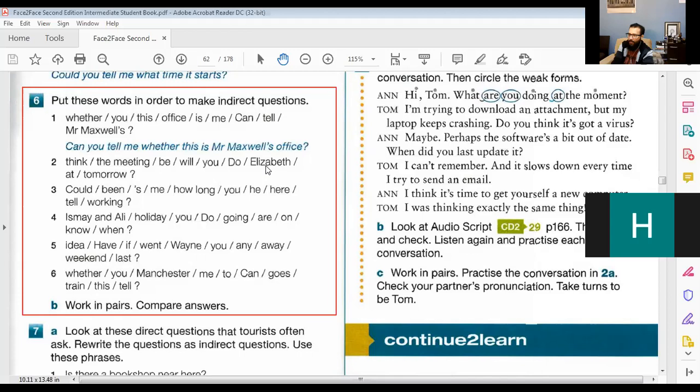Maybe, I don't know. Do you think Elizabeth will be at the meeting tomorrow? At the meeting tomorrow, yes. That's it. Can you say it from the beginning, Malak? Do you think Elizabeth will be at the meeting tomorrow?